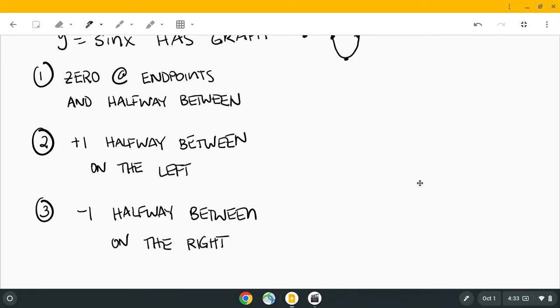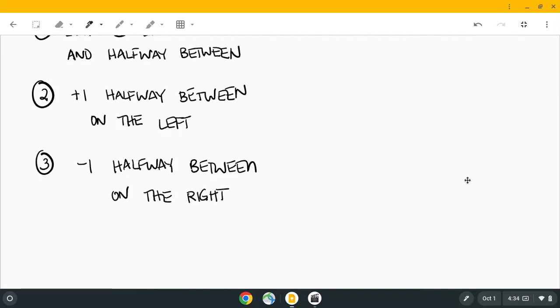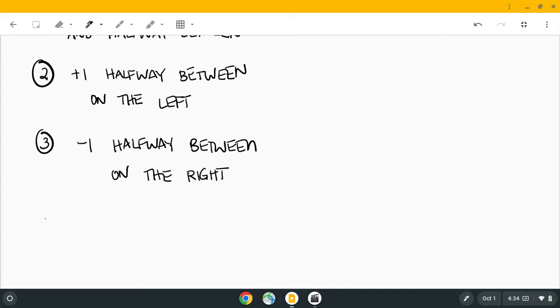Okay. And we already know that these here, this is the maximum and this is the minimum. Okay, and then we know that the values repeat. Values repeat after 2 pi.